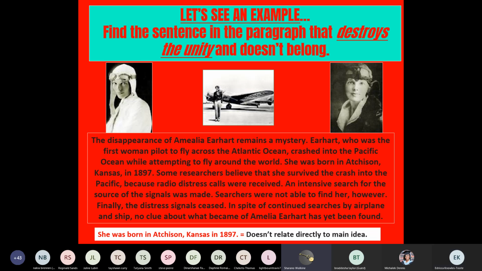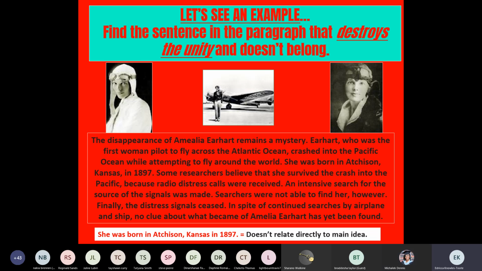Some researchers believe that she survived the crash into the Pacific because radio distress calls were received.